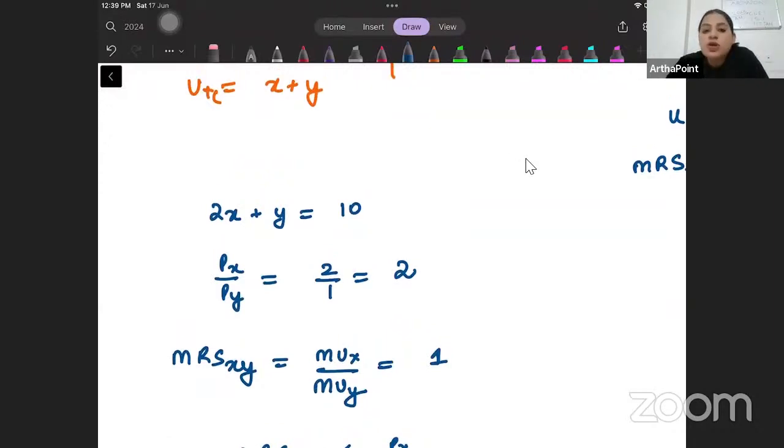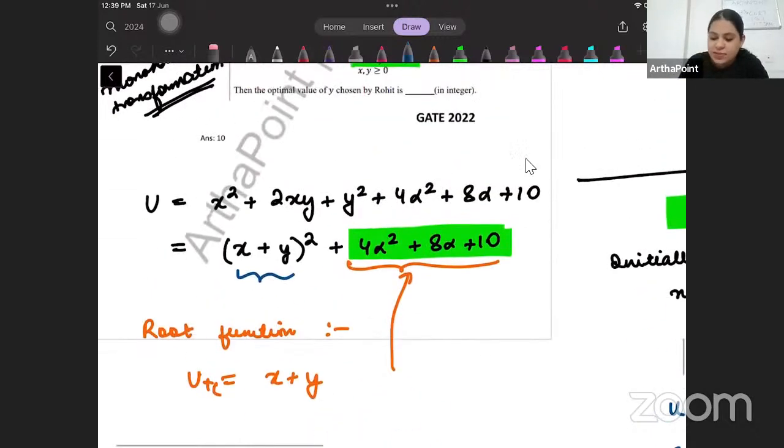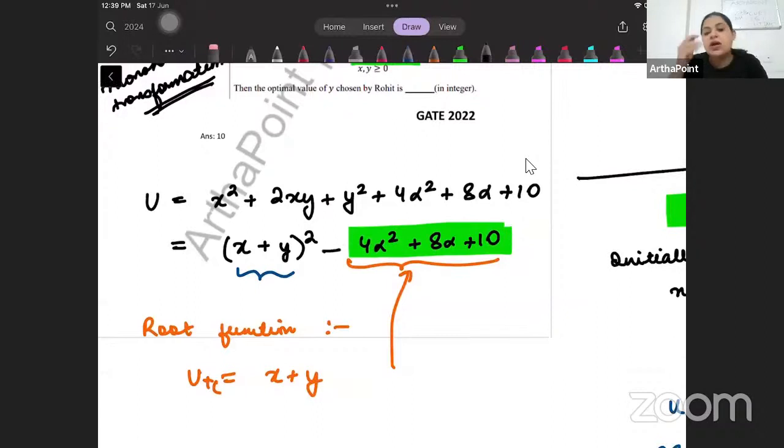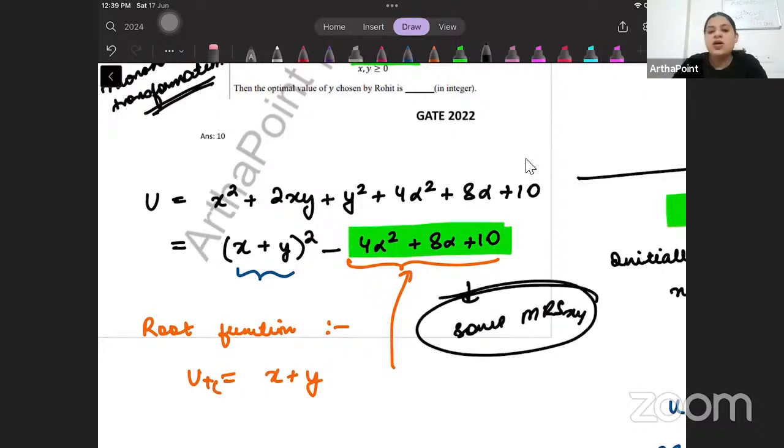No, beta. Monotonic transformation is always assumed to be increasing transformations, not decreasing. Although, had I subtracted this completely, I would have got the correct answer. But in case of utility, we assume that it should be an increasing transformation. Now, the original definition of monotonic transformation suggests that two utility functions, as long as they have the same MRS, one is a monotonic transformation of the other, right?